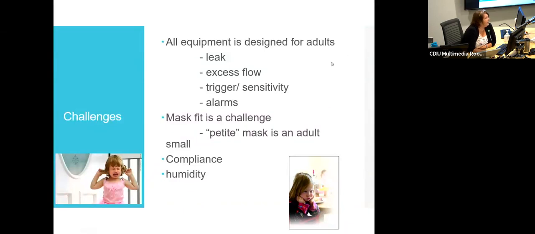Things that you need to think about are how much leak is in that system, how much flow there is within the system. If there's too much leak or too much flow, how on earth are you going to get the child to trigger the machine? How are you going to get the child to be synchronous with the machine?